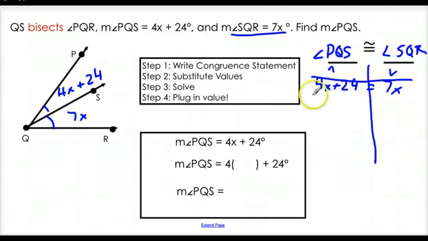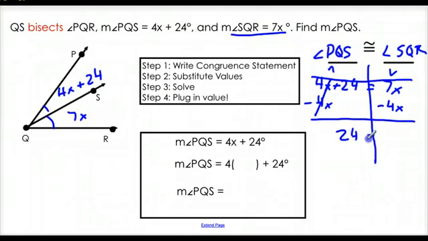And since this is a positive 4x, we have to subtract 4x from both sides. This cancels and we get 24 is equal to 3x. Now to solve it, this is 3 times x, and to bring this number to the opposite side, we have to use opposite operations, so we're going to divide both sides by 3. Boom. And we get x is equal to 8.